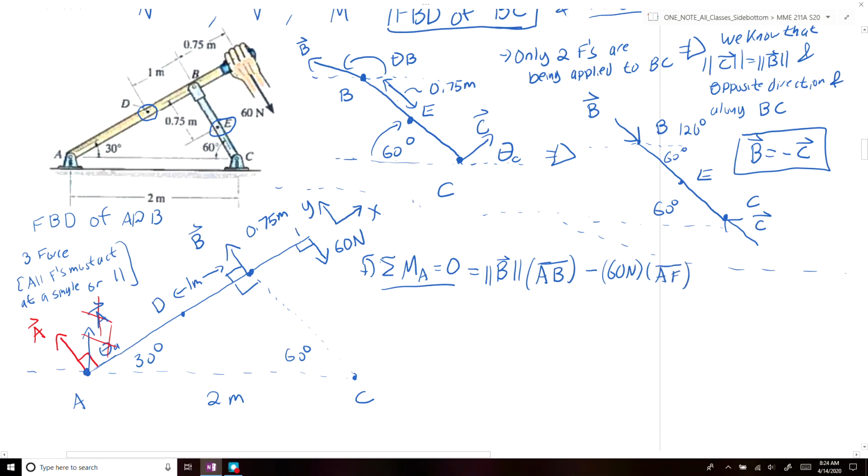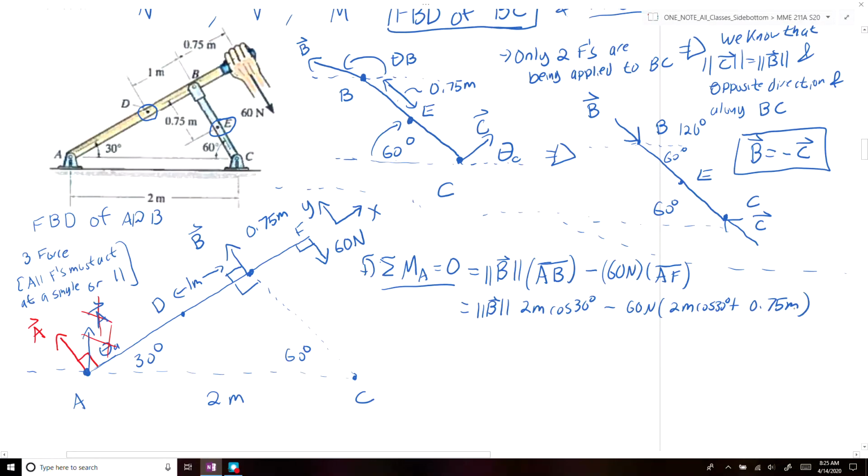Call this point F. All right, so that's going to be equal to the magnitude of B times 2 meters cosine of 30 degrees, minus 60 newtons times 2 meters cosine of 30 degrees plus 0.75 meters.